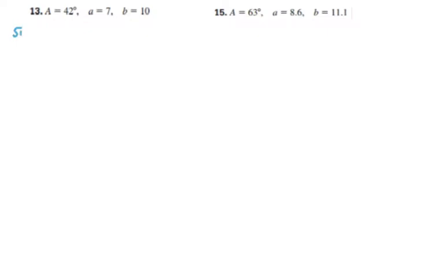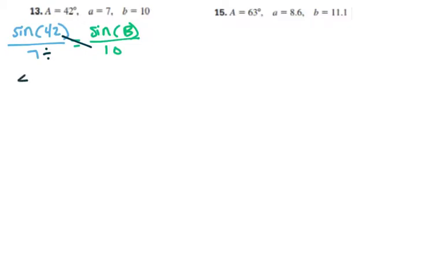So we're going to do sine of 42 over 7, and we're going to set that equal to sine of B, we don't know, but over 10. So let's see, I'm going to multiply across here and divide, and then take the sine inverse. So sine of 42 times 10 divided by 7, but then the sine inverse of that.